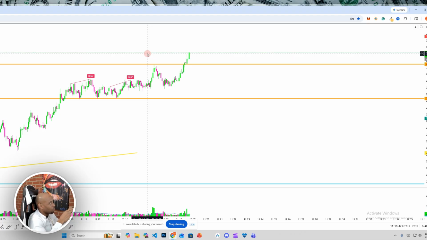I only like taking rejections from major support or resistance areas, right? But if I'm taking a continuation, like a pullback, I don't mind taking those from minor support and resistance levels.